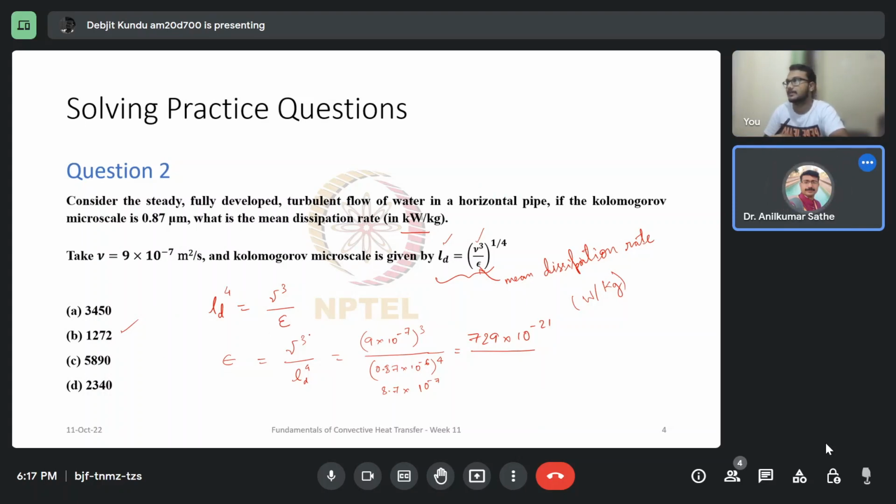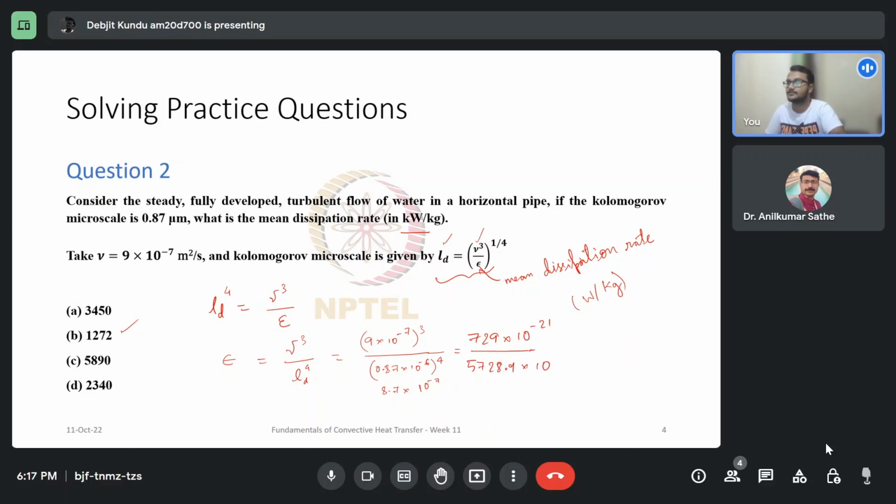1272, right. Yes. So if we come back to the calculation, the numerator becomes 729 into 10 to the power minus 21, and 8.7 to the power 4 is 5728.9 into 10 to the power 7 to the power 4.